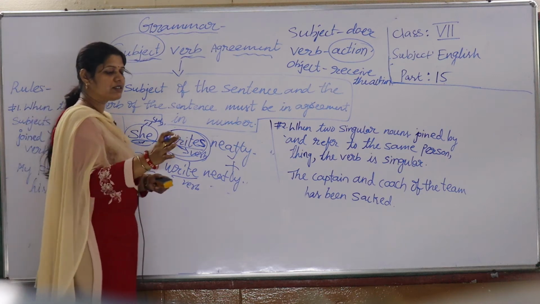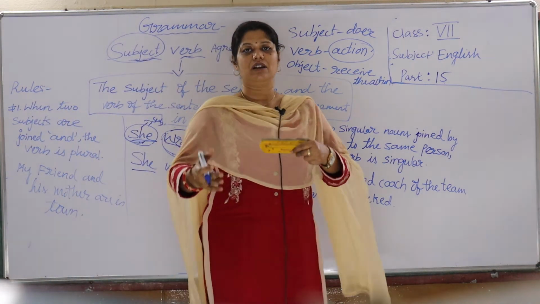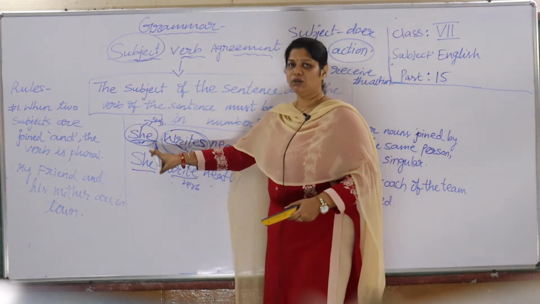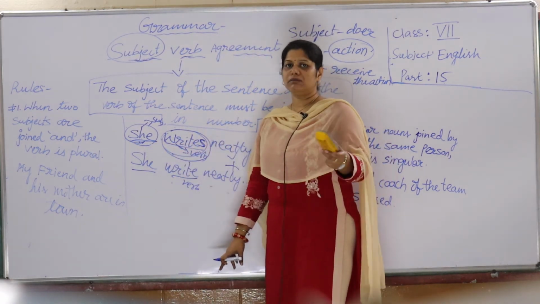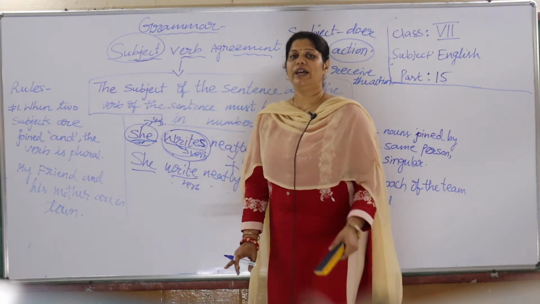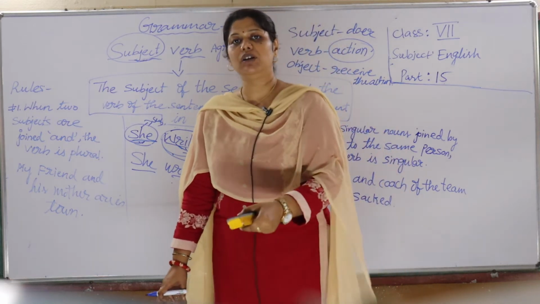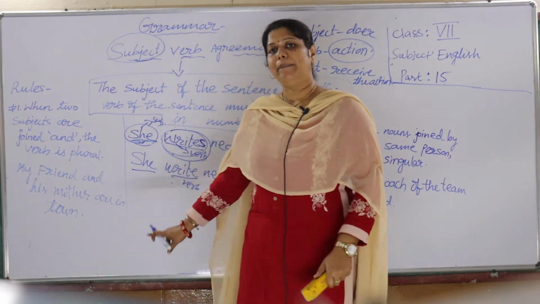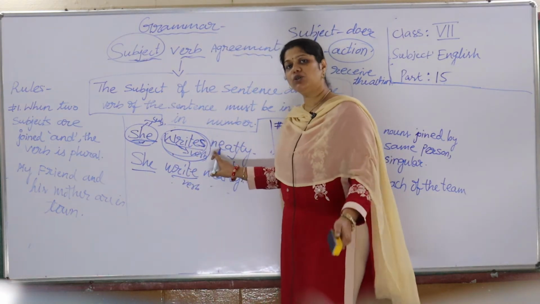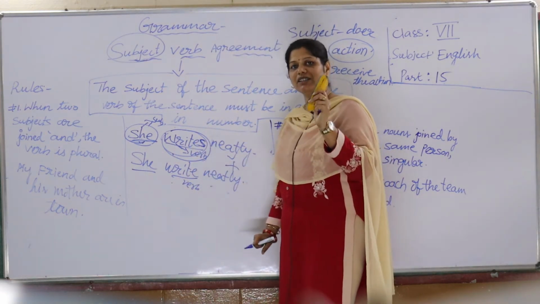Understand? So it is vice versa. It's opposite. When we add s or es to a noun, it becomes plural. But when we add s or es to a verb, it becomes singular.